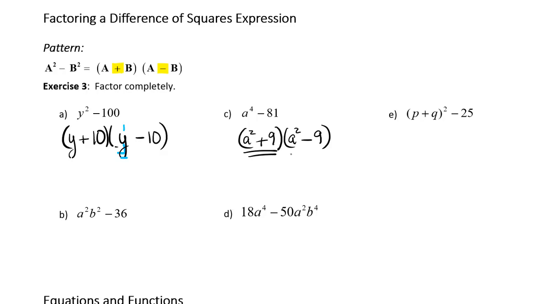But a squared minus 9 does indeed factor further. This a squared minus 9 would factor to an a and an a, plus 3 and minus 3. Rewriting all my factors for a to the fourth minus 81 would be a squared plus 9, a plus 3, and a minus 3.